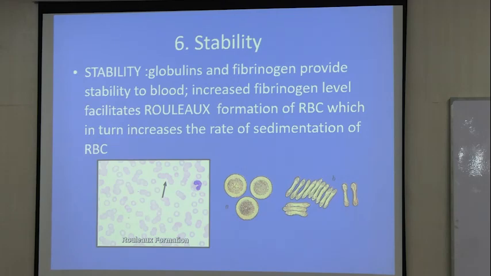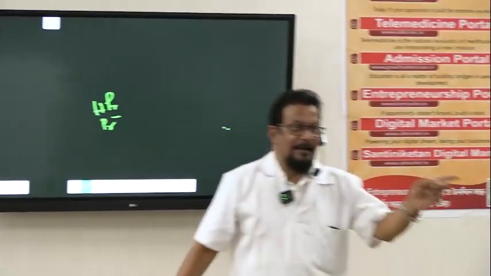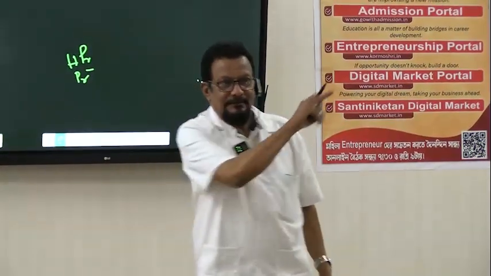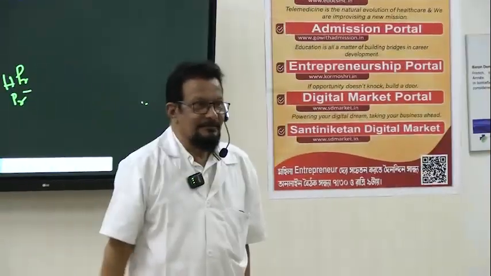Why is rouleau actually formed? When the fibrinogen level is increased, it will facilitate formation of rouleau, and thereby it will hinder circulation of blood through the vessels. Okay?